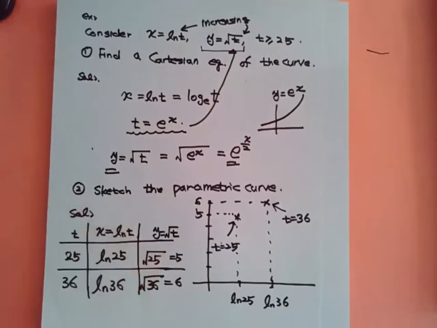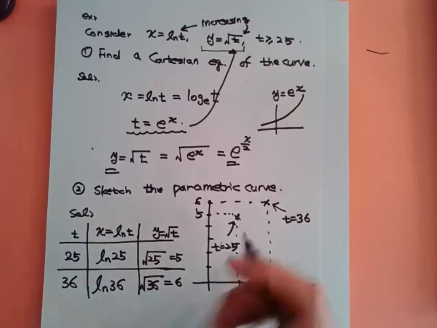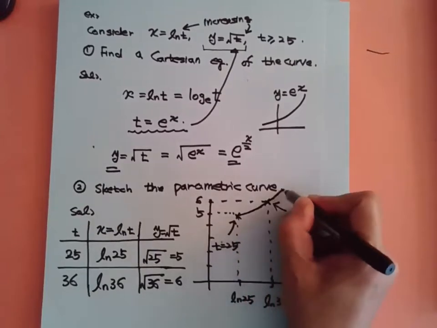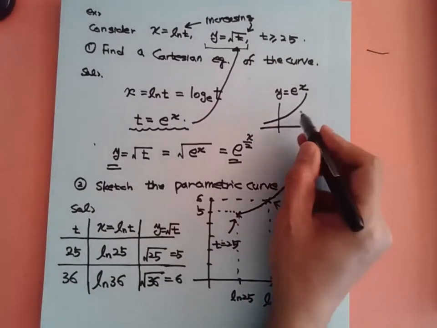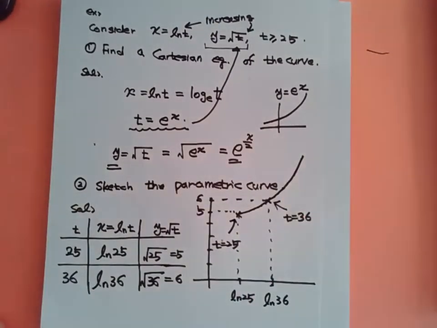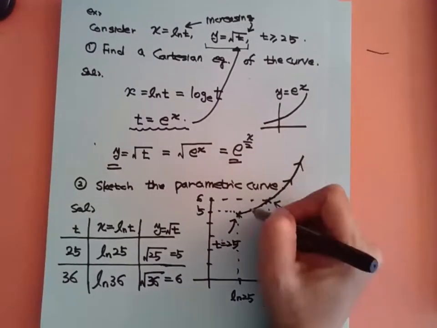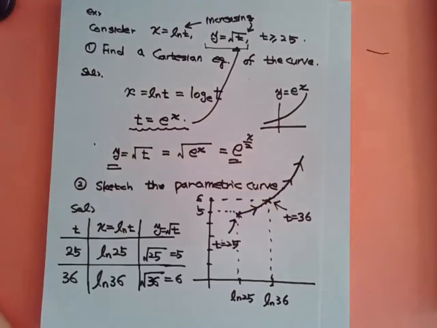So it'll follow the exact pattern. So it starts from here and the graph will exactly look like this. Just the increasing function with this direction. Any question?